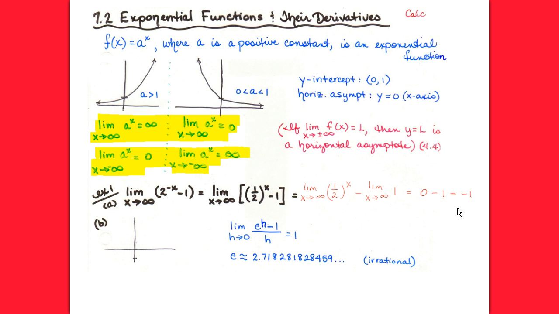Look at it graphically. If I'm trying to graph 1/2 to the x, that's going to be the decreasing function that has a y-intercept at 1 and has a horizontal asymptote at the x-axis. So there's that same graph we had up here a second ago. There's my decreasing function. Then I have that -1 tacked on to the end. That 1 could be moved to the other side, right? It's not attached to the x, so I could move it to the other side and subtract it from the y. So is it horizontal shift or vertical shift?